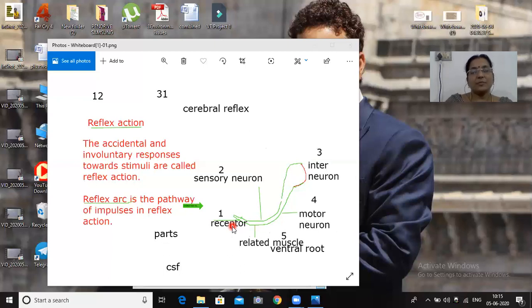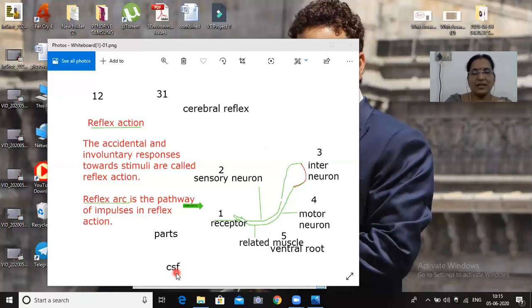CSF, cerebrospinal fluid. It is abbreviated as CSF. In the spinal cord, the CSF is present, more in the central canal. Yes, what is the next one? The function of CSF.